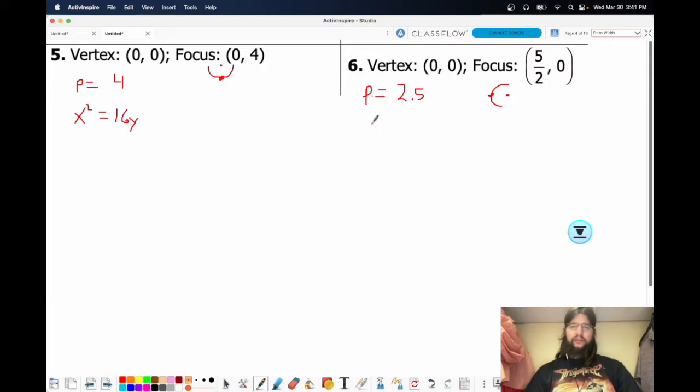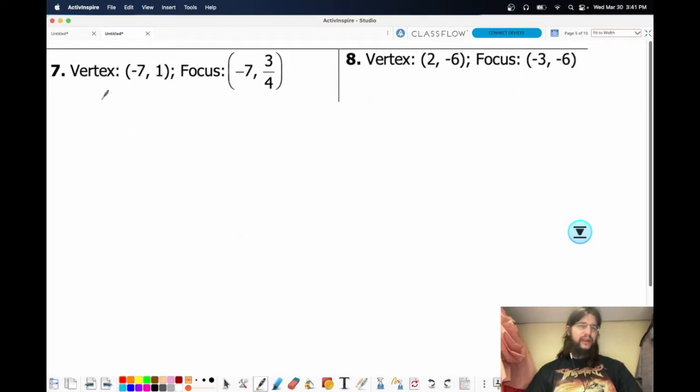Now, let's plug in our formula. This time it's horizontal, so the y part is being squared. Again, that's 0, 0, so we don't need any parentheses there. That's just y squared, 2.5 times 4, that's 10, times your x. Again, 0, 0.